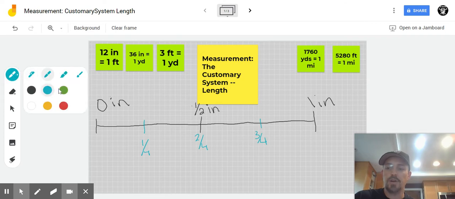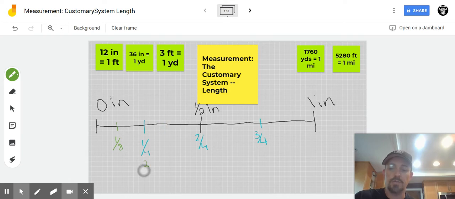The next thing we're going to do is go ahead and move down. What if you have something even smaller, right? So you could end up with 1/8 of an inch, something very small, right? You could go to 2/8 right here, which is equivalent to 1/4. You have to remember your equivalent fractions. You could have 3/8 of an inch, right?